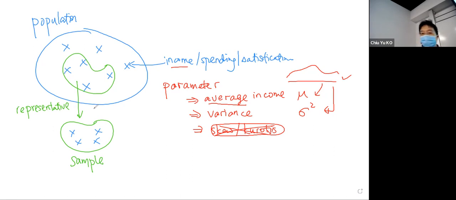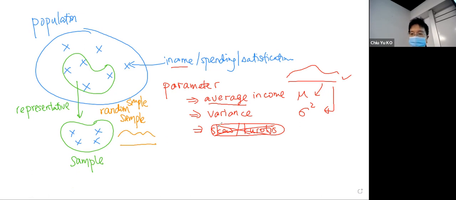How can we have a representative sample? That's what we learned last time: a random sample, in particular a simple random sample, the easiest case. Everything in the sample is what it should be in the population, so it would look like the same shape.